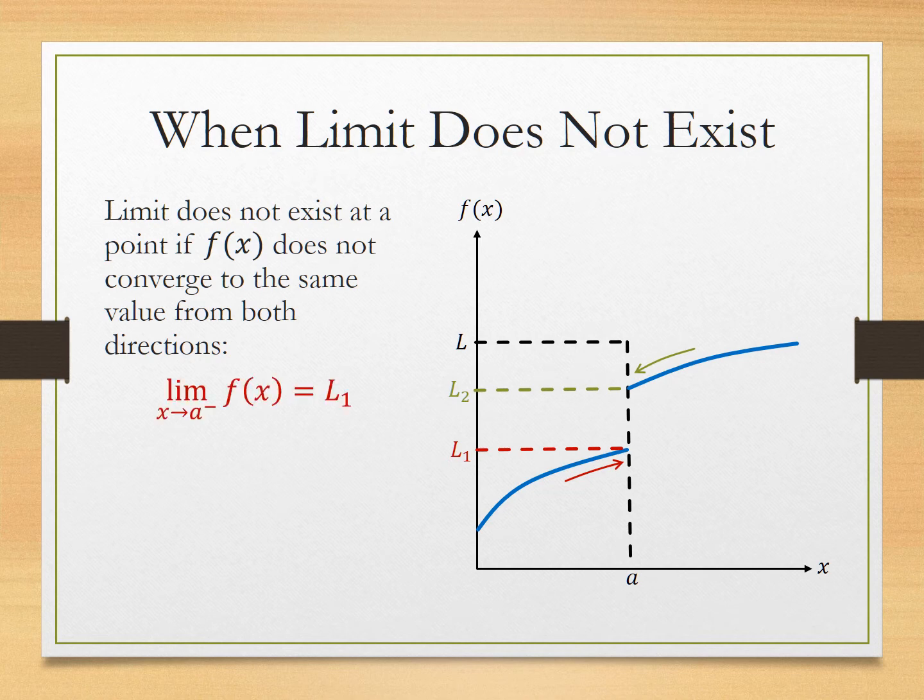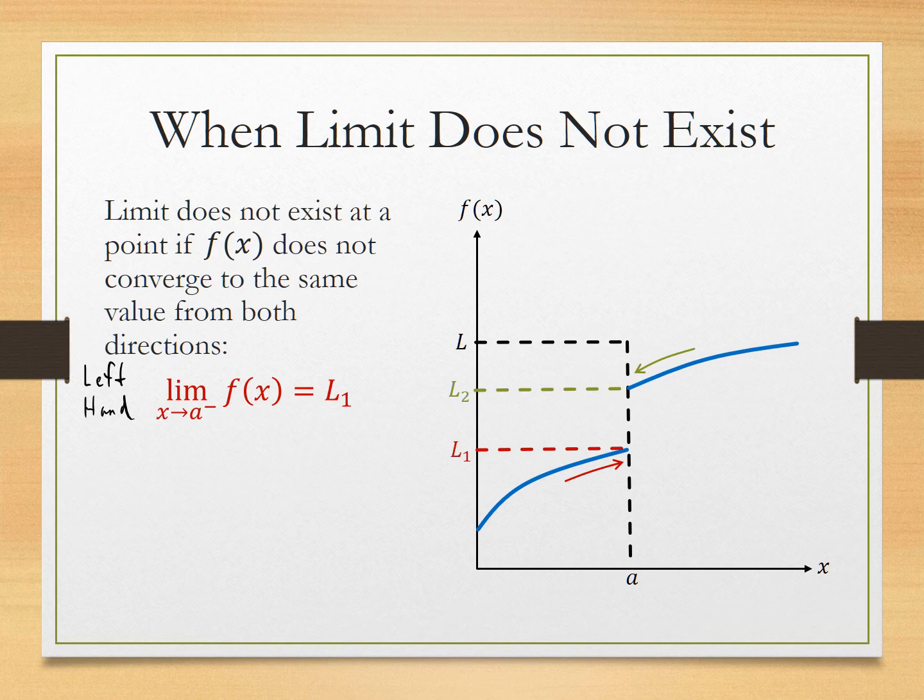In terms of notation, this is how you write it: the limit as x approaches A negative of f(x) equals L1. Now, what do we call this? We call this the left-hand limit.